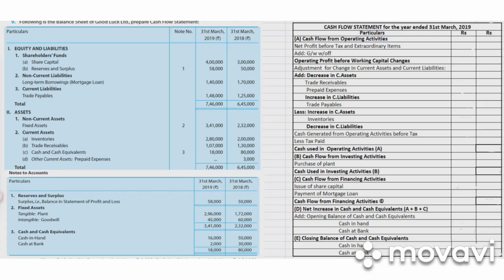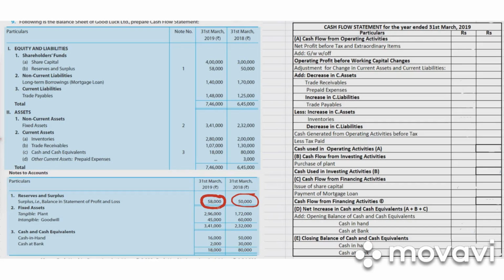I hope you can see the net profit here. It is 58,000. Previous year it is 50,000, current year it is 58,000. That means 8,000 increased.